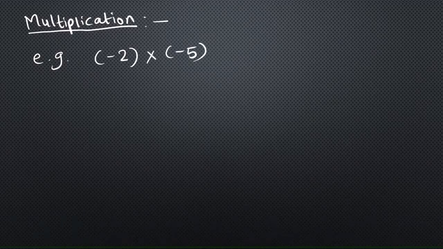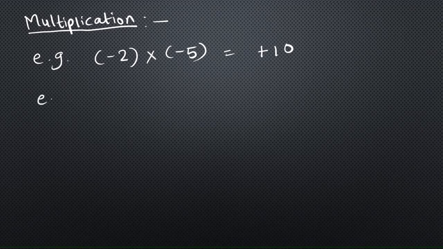Here 2 has a minus sign and 5 also has a minus sign, so both numbers have the same sign. So 2 times 5 is 10 and both are minus. While multiplying, if the same sign is there, it becomes positive. So minus 2 times minus 5 equals plus 10.